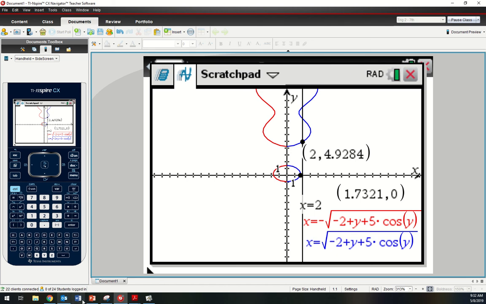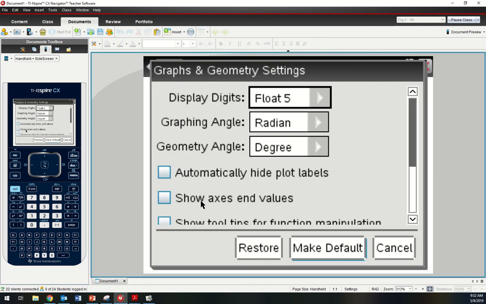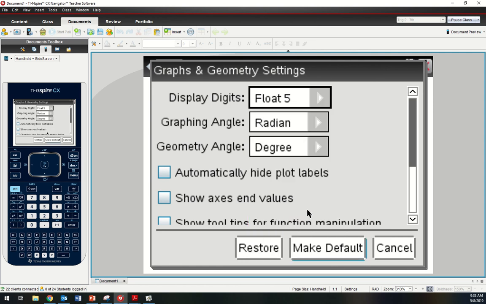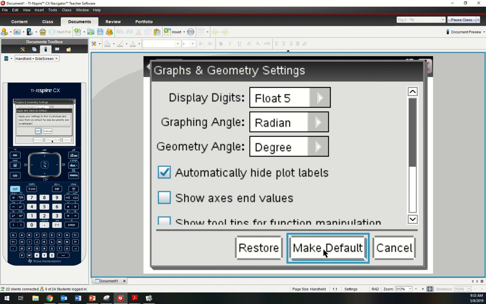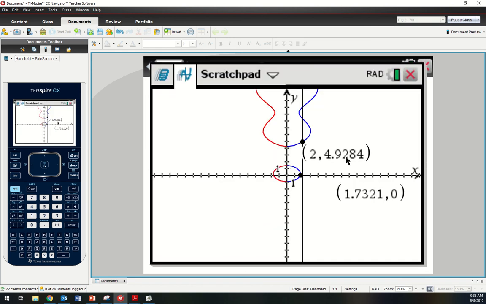So I'm going to go in here, menu, settings, and change this float to 5. 5 or more, it doesn't matter, because you want to have so many decimals. So you can round that. Make sure it's already there. No, let's leave it where it's at. There we go. So look, I got enough decimals for these.